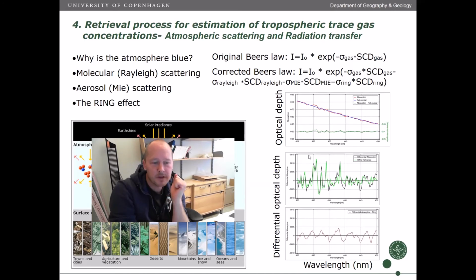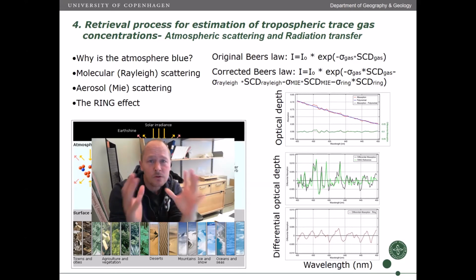And so when we have this measurement of the wavelength dependent absorption, we still have a little bit of this scattering problem left in our measurement. And this also needs to be removed. This is called the ring effect.